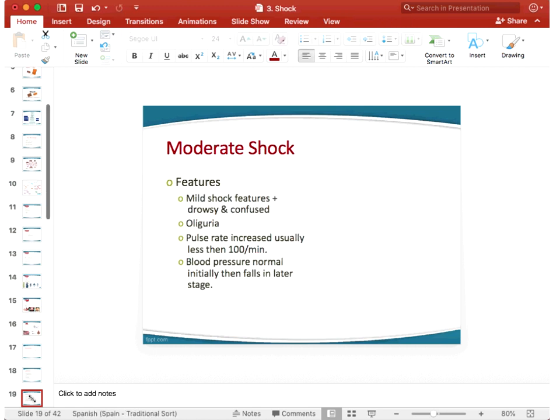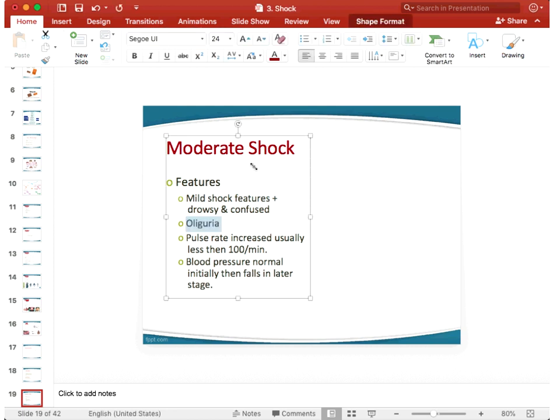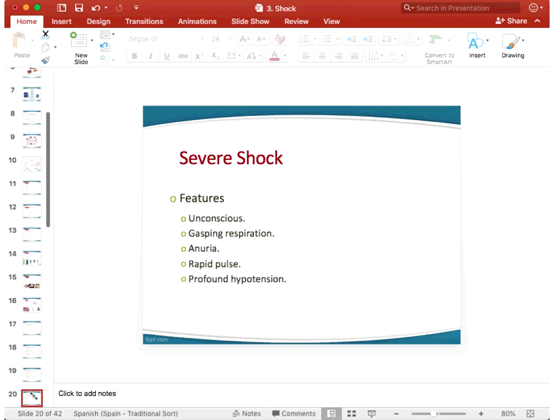This is mild, but if we're talking about moderate to severe shock, then as you can see, the patient will start urinating a bit less, his heart rate will start increasing, and his blood pressure eventually will fall. Careful with this. These are signs that your shock is evolving.